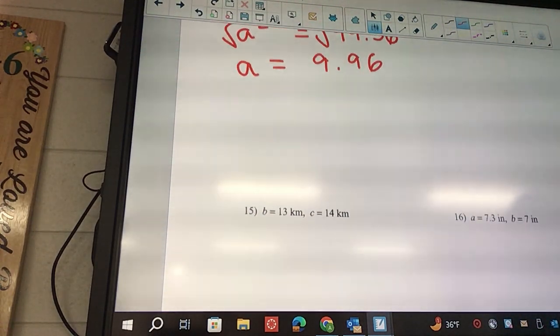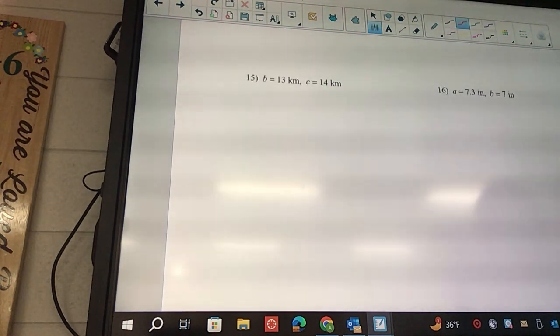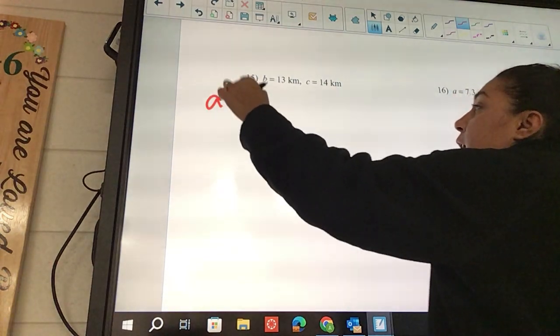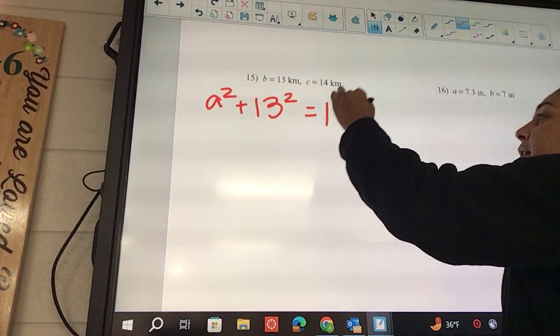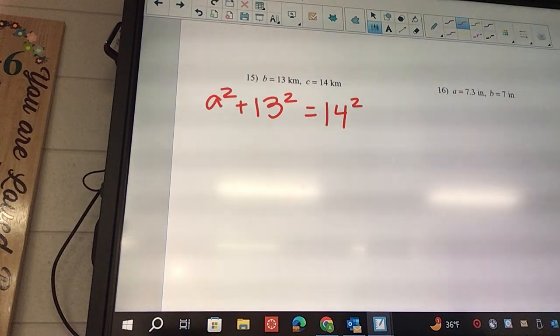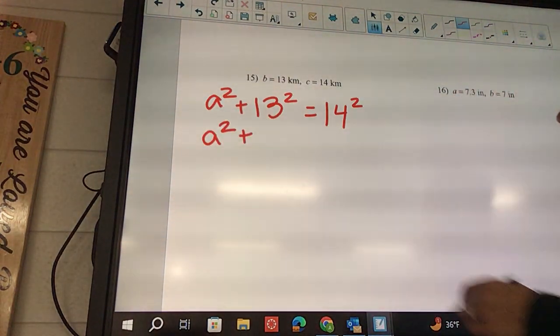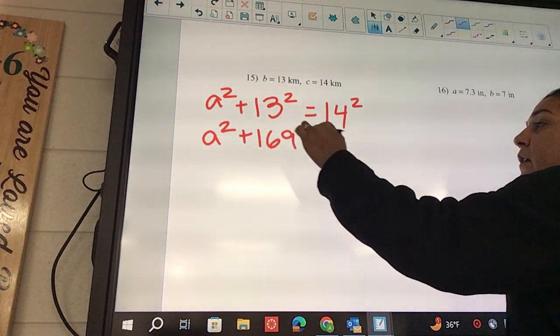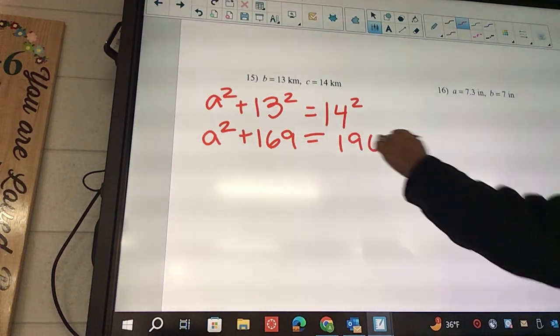Okay, 15, what's missing? The A. Okay, so it's going to be A squared plus my B, which is 13 squared, equals my C, which is 14 squared. Okay, what's 13 squared? 169. 14 squared. 196.